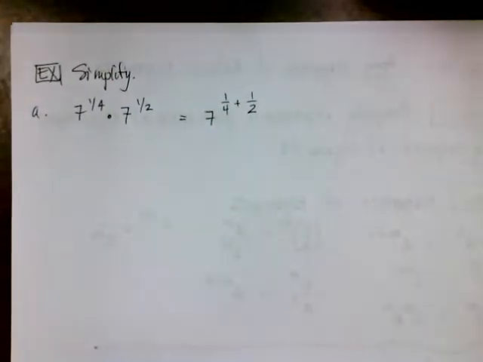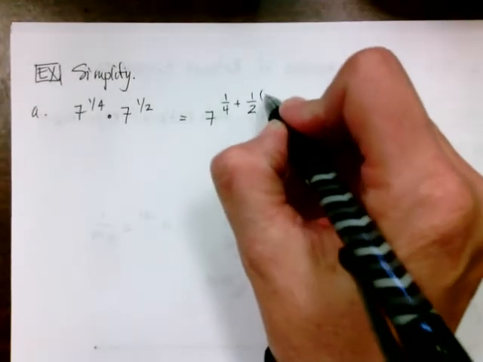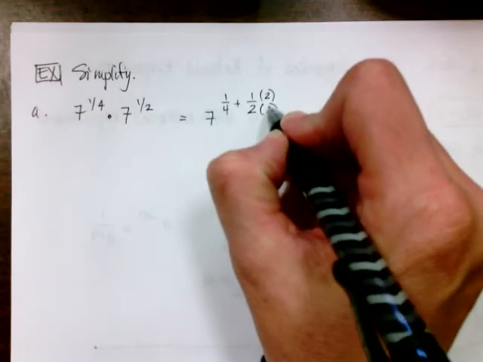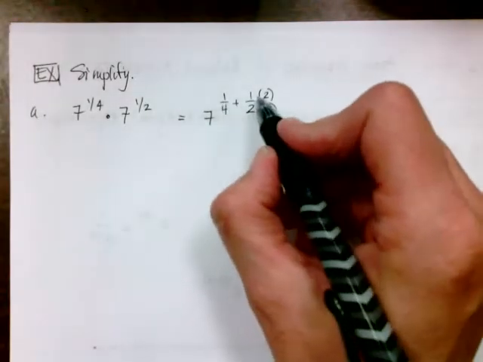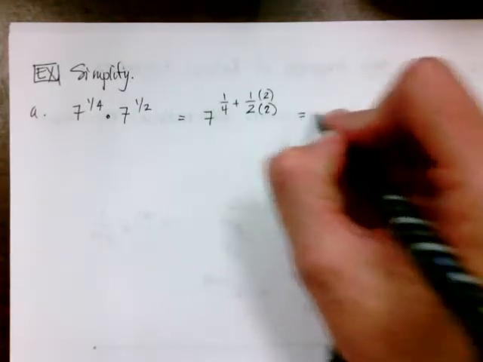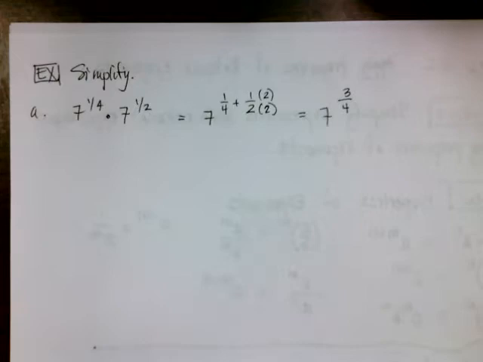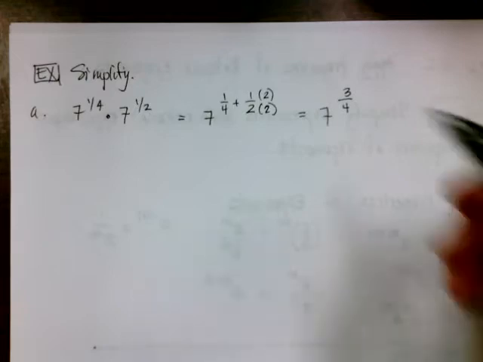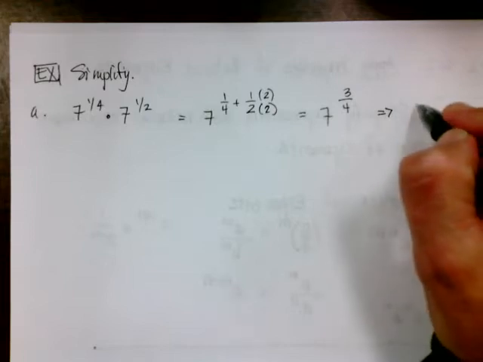But I can't add those two fractions together unless their denominators are the same. So I'm going to multiply this fraction by 2 over 2, which is 1. So now I have 1 plus 2. So this is going to be 7 to the 3/4. And then I could do that math in my calculator, or I could just rewrite it. And for today, I'm just going to rewrite it.